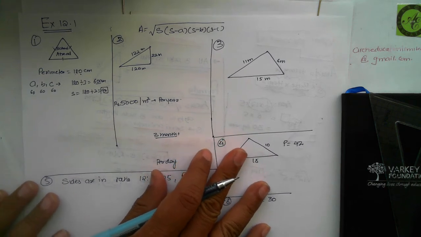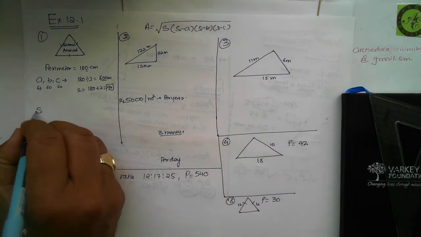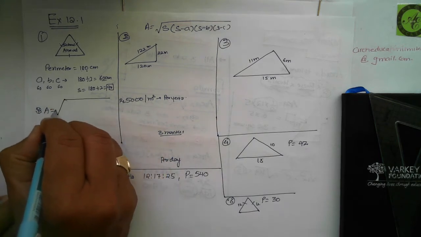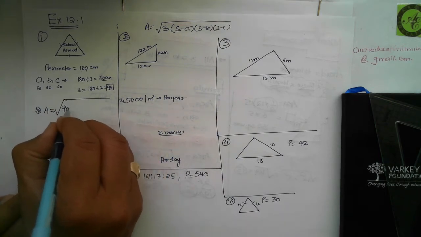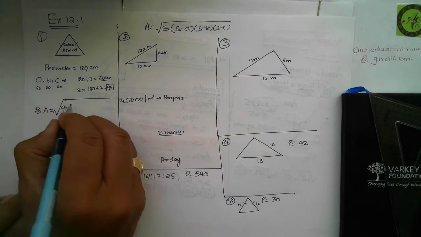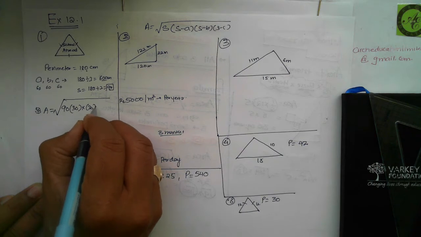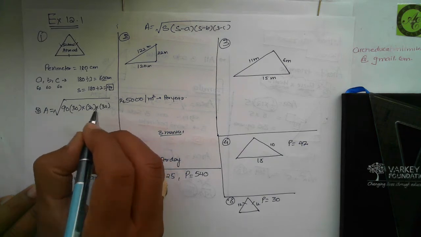The area is equal to, in the big square root, 90 times 90 minus 60, which is 30, times 90 minus 60, again 30, times 90 minus 60, again 30.